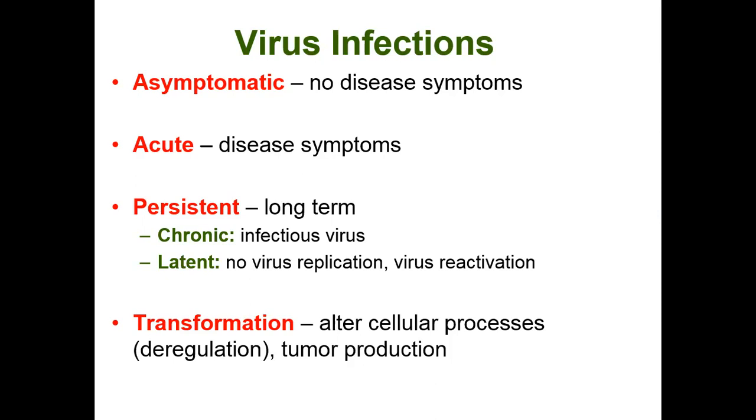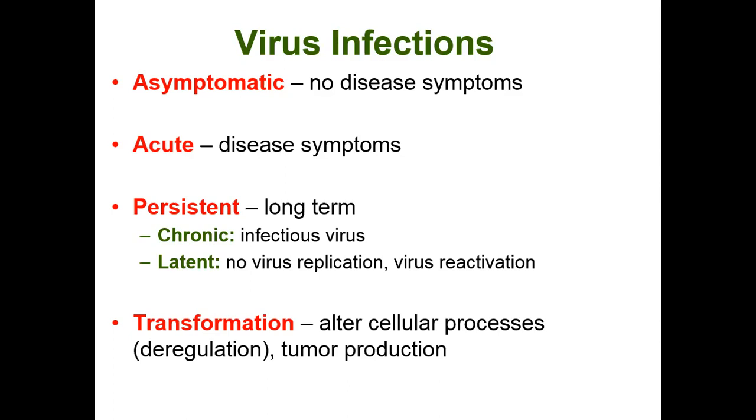The first would be asymptomatic, meaning that we have the disease, but we do not see the symptoms of the disease. A lot of individuals can be carriers at this stage because they are a little negligent about their disease because they do not see any signs and symptoms of the illness.